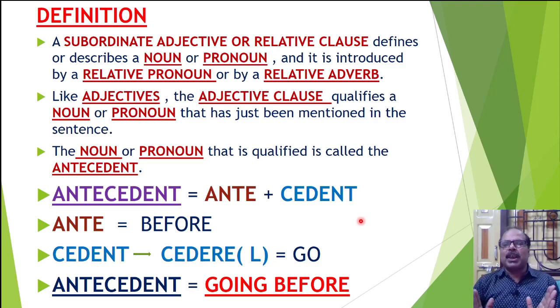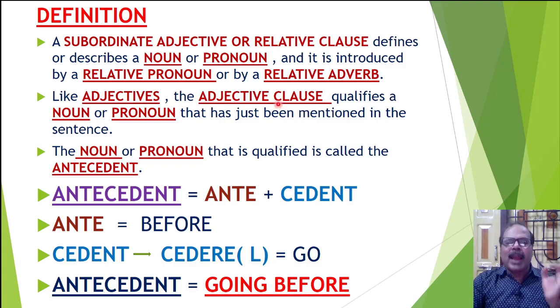So an adjective or relative clause is, first of all, a subordinate clause. How does it function? It functions like an adjective. Like adjectives, the adjective clause qualifies a noun or pronoun as an adjective qualifies a noun or pronoun.